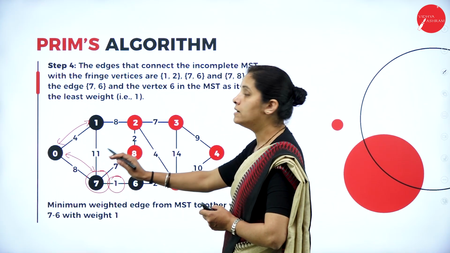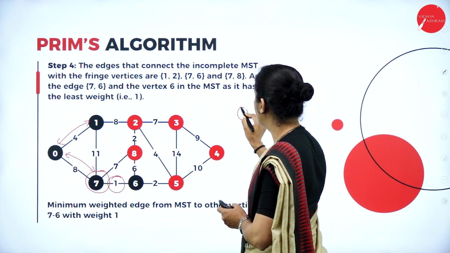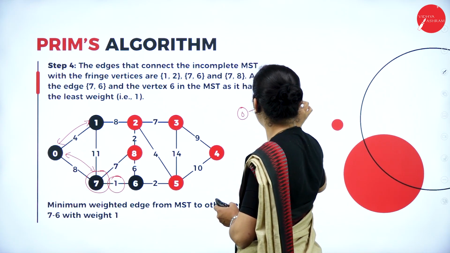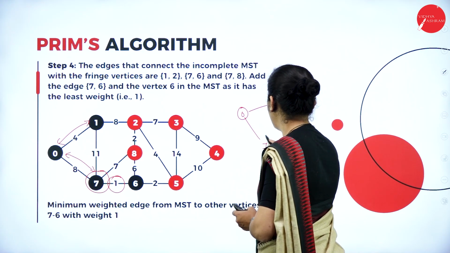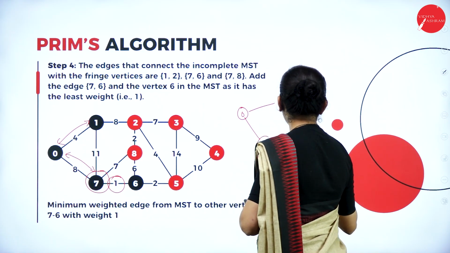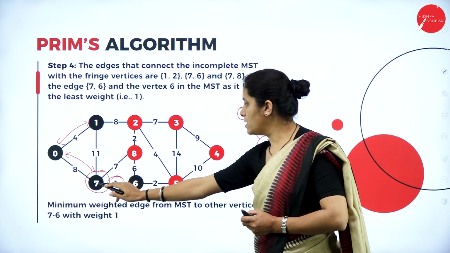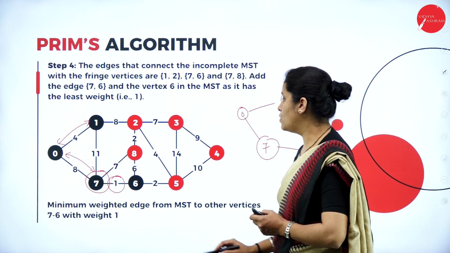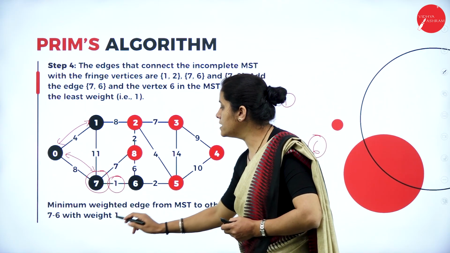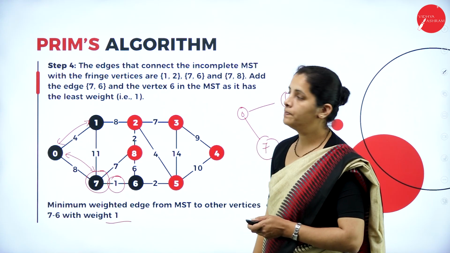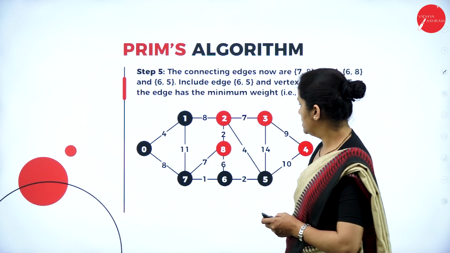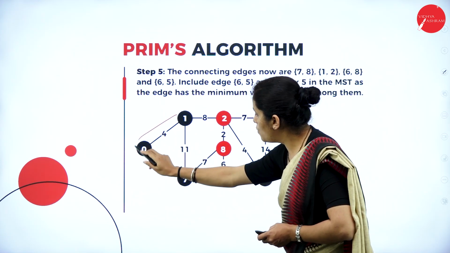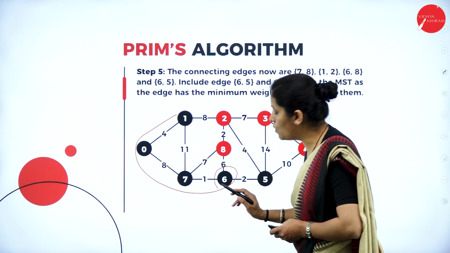So what is my spanning tree now? It is 0 to 1, from 1 it is 7, from 7 it is 6. So I have 7 to 6 with the weight 1. Now in step 5, this much up to 6 is over.